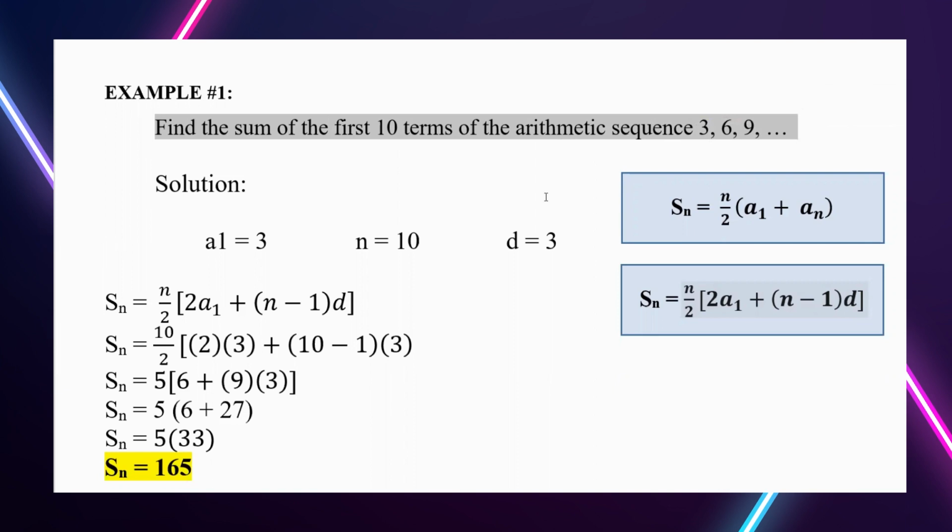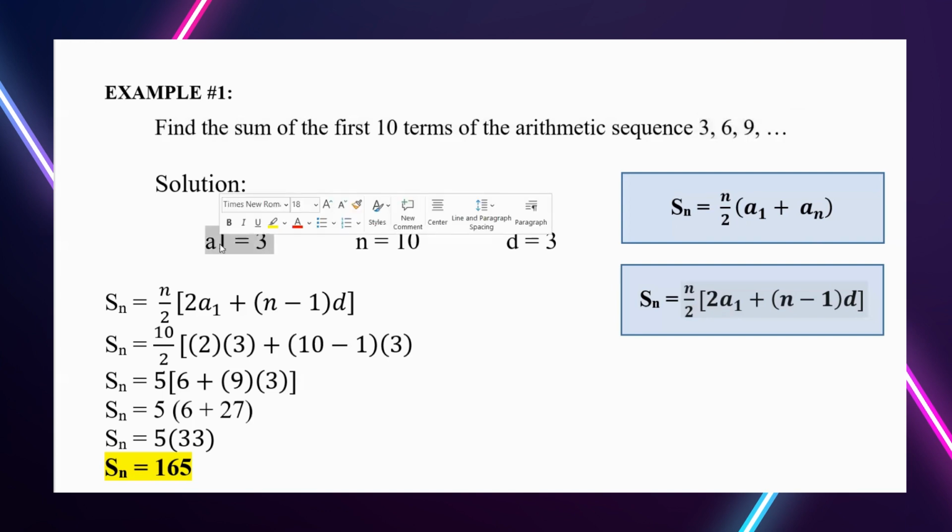So, una natin gagawin, i-identify muna natin kung ano ang first term, ano ang n term, ano ang common difference, at ano ang last term. So, based sa given sequence natin na 3, 6, 9, ang ating first term ay 3.